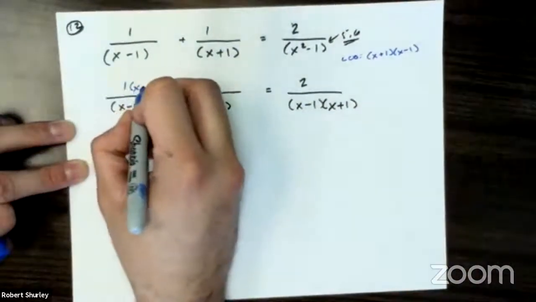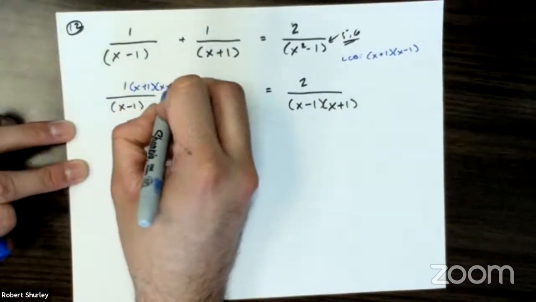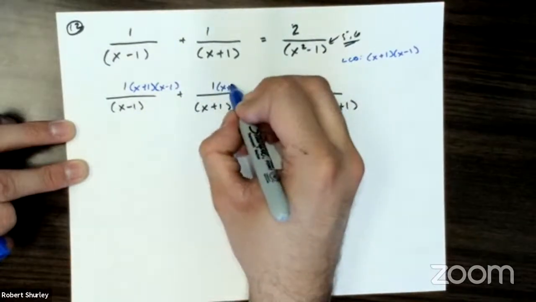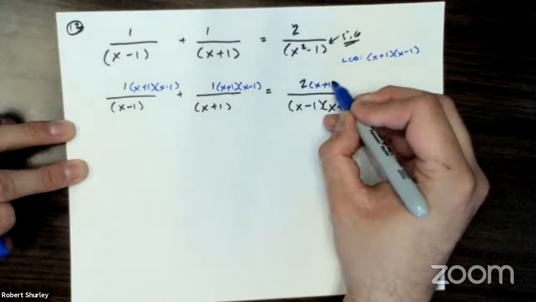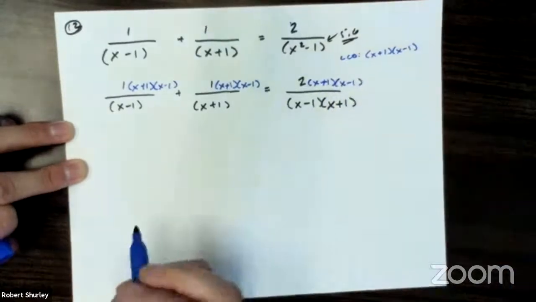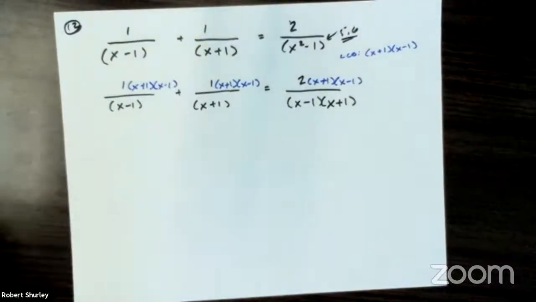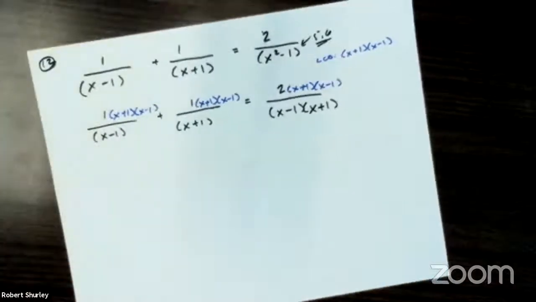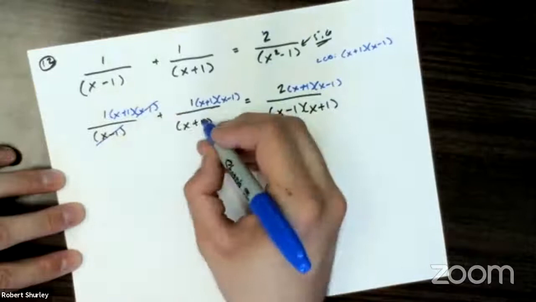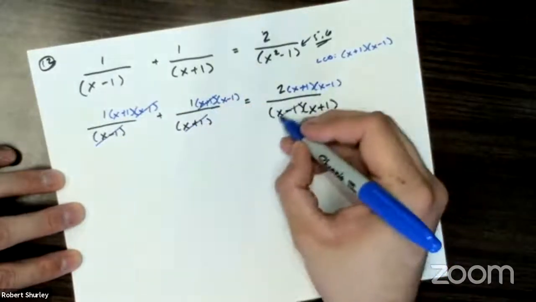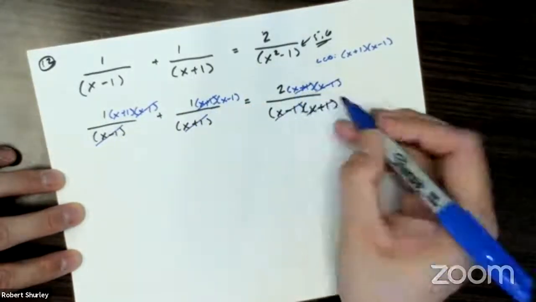So I'm going to multiply each one of those by my least common denominator, and then I'm just going to cancel. So x minus 1 goes away, x plus 1 goes away, and then they both go away, right?